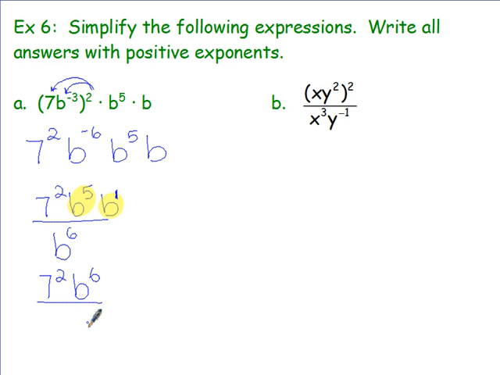This guy tags along to the bottom. Is there any more like terms? Yes, there still is. We now have this B on top and that B on the bottom.